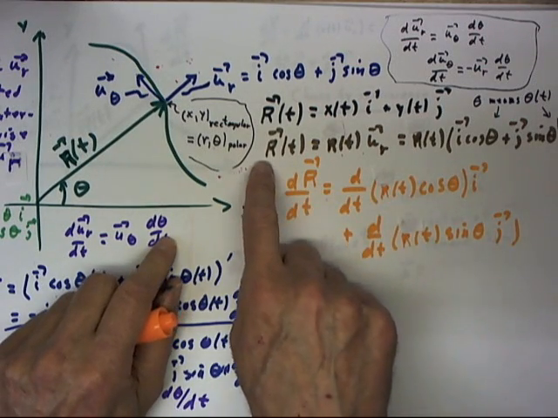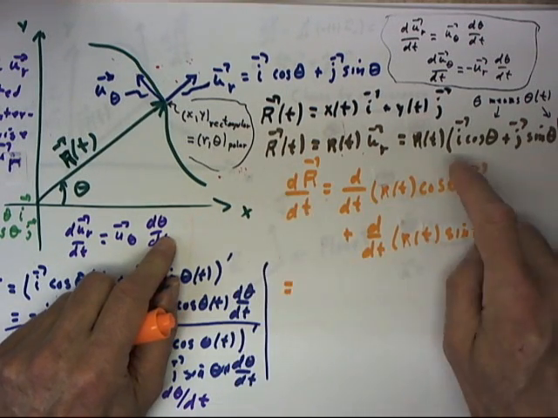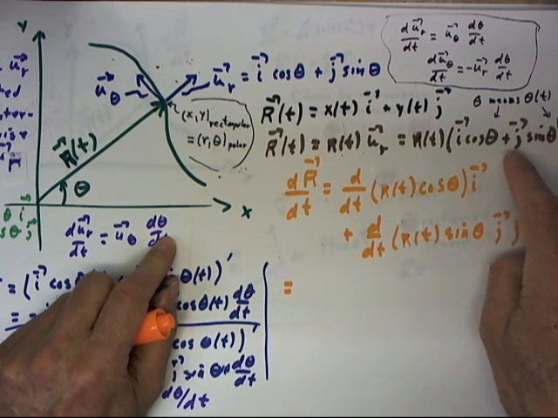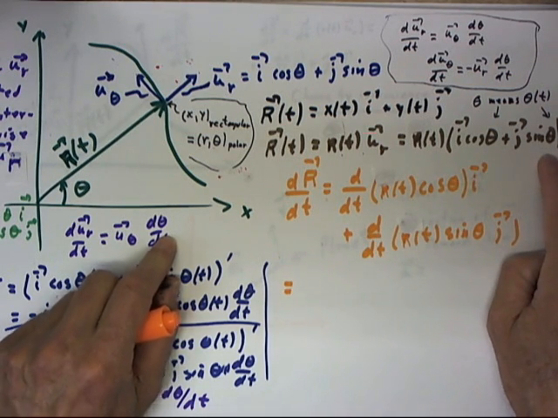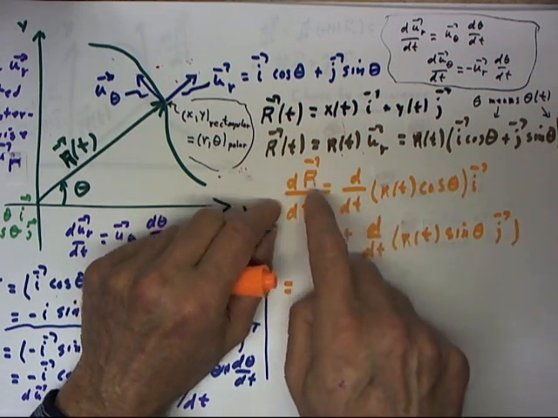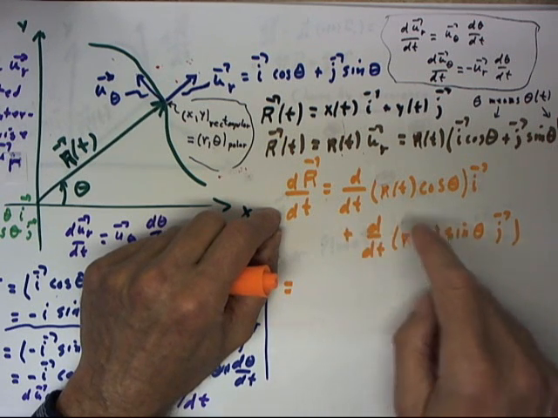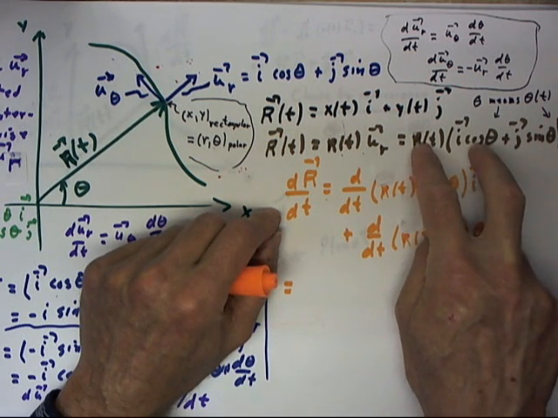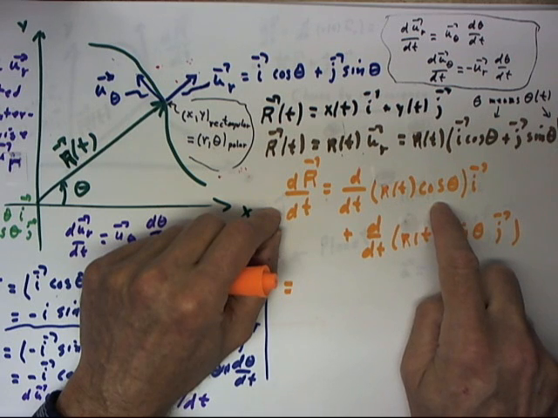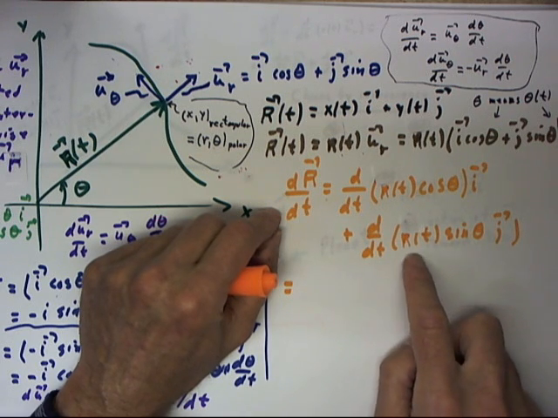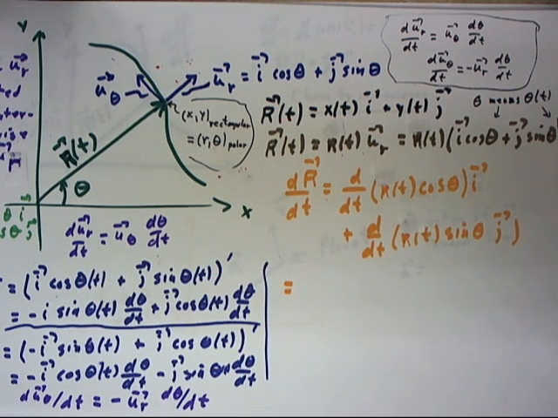Now, since vector r of t is scalar r of t times i cosine theta plus j sine theta, then our dr dt is just the derivative with respect to t of the i component, which is r of t cosine theta, plus the j component, which is r of t sine theta.